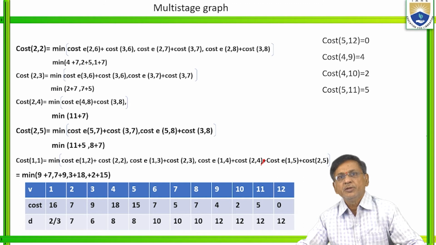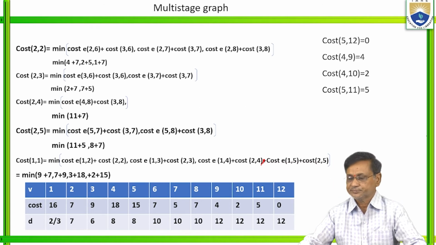In that the minimum is 16. This 16 is corresponding to 2 vertices, one is 2, another one is 3. That's why in the destination 2/3 is given. That means either we can consider 2 or we can consider 3 because the total cost is 16 in both the cases.